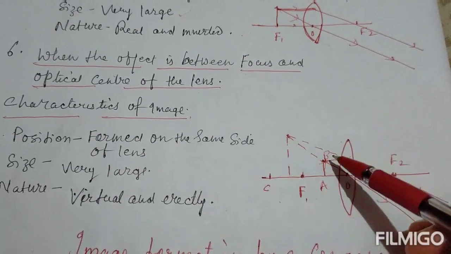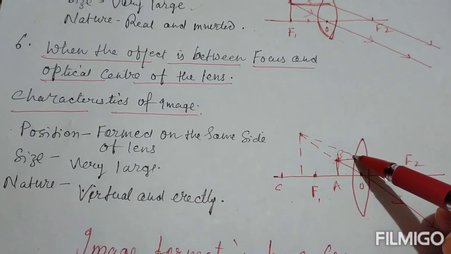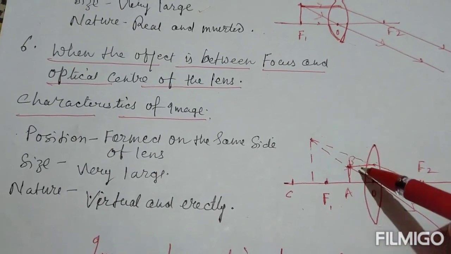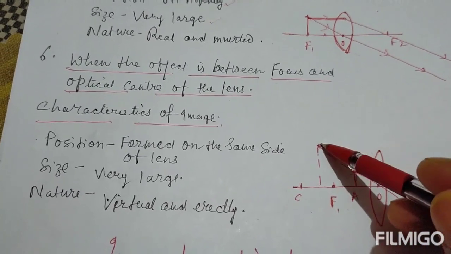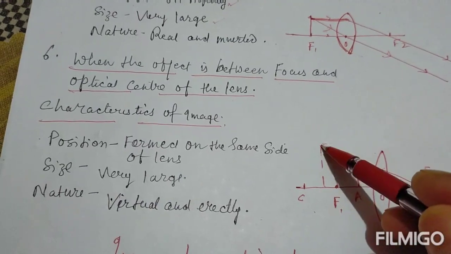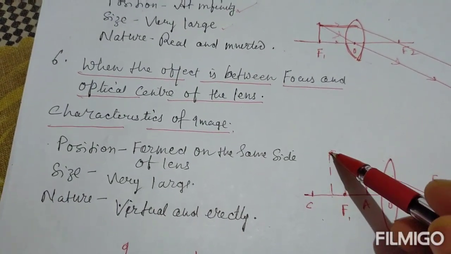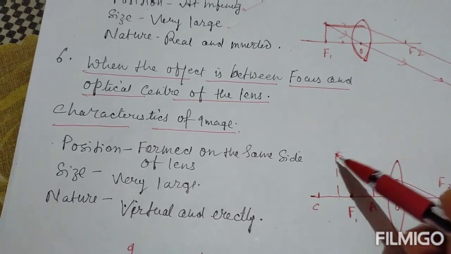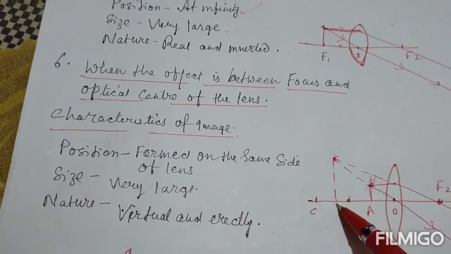So when we produce this line backward, we will see that at a point the dotted lines meet, this is the intersecting point, and here the image is forming, means the image is virtual, this is not a real image.